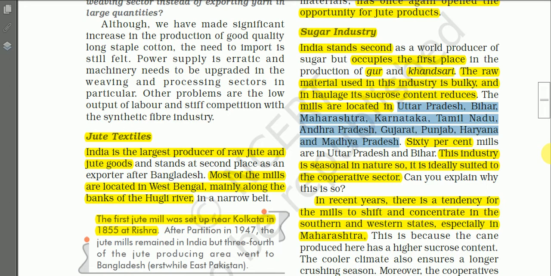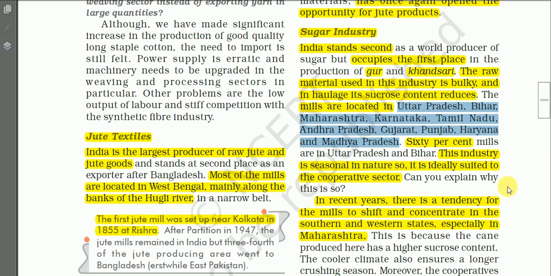And you must know that since the sugar cane is bulky, and if we transport it for long distances the sugar content is reduced, most of the sugar mills are located nearby the sugarcane growing areas.